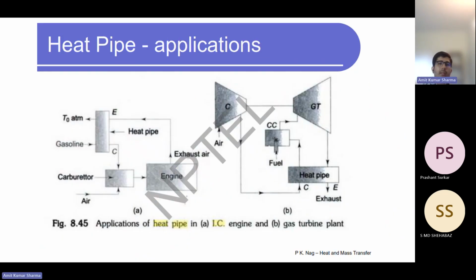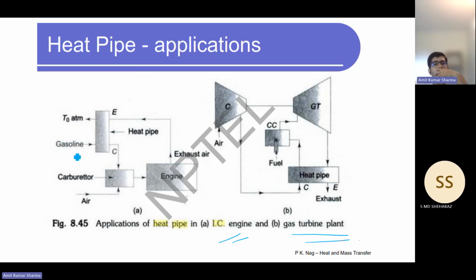So another application of heat pipe is in IC engine and gas turbine plant. In an IC engine, we can put a heat pipe, so the exhaust air can heat the input gasoline, and this can improve the combustion in the carburetor.